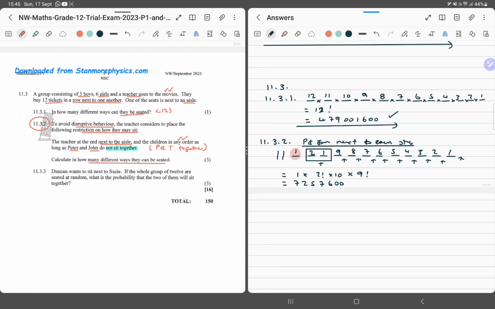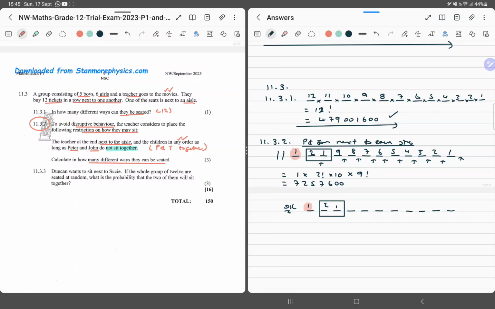But the other way to do the same thing is to say, okay, 1, 2, 3, 4, 5, 6, 7, 8, 9, 10, 11. You know that the teacher is fixed, so we're not going to tamper with the teacher. It's next to the aisle. Then we can say Peter and John are next to each other as a unit like this.